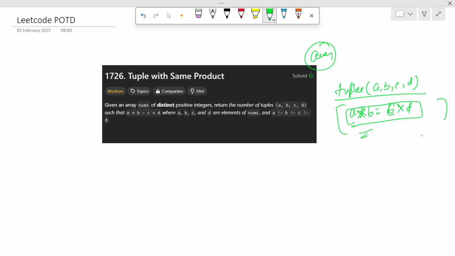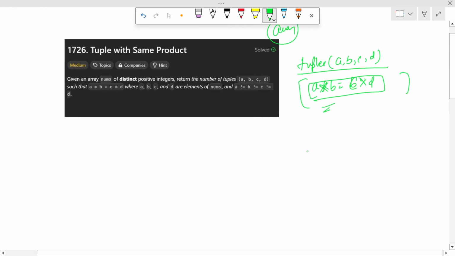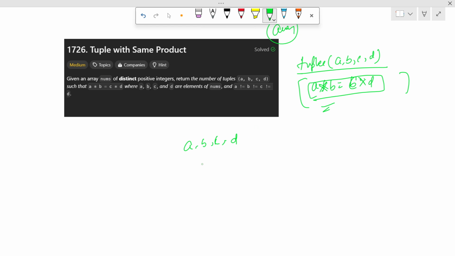Here a, b, c, and d are distinct elements from the array, and distinct means that a, b, c, and d must all be different, meaning no number can be used more than once within the same tuple.